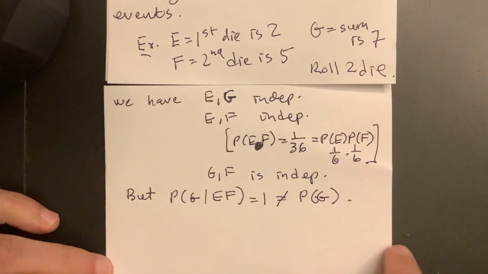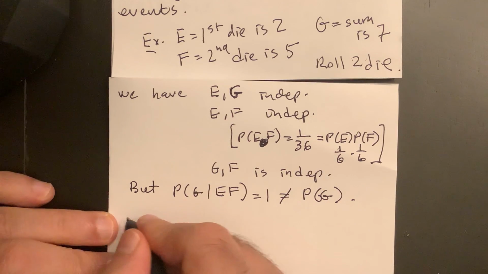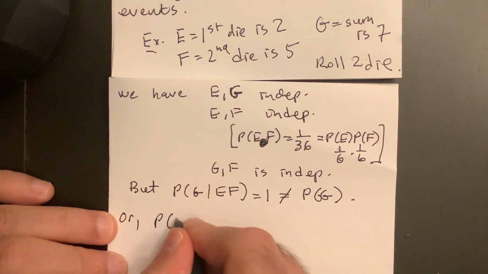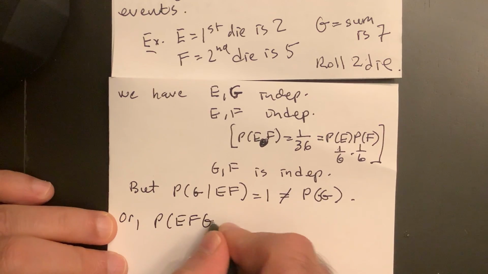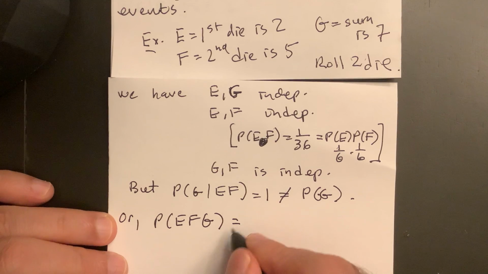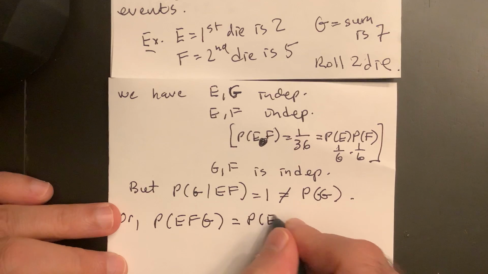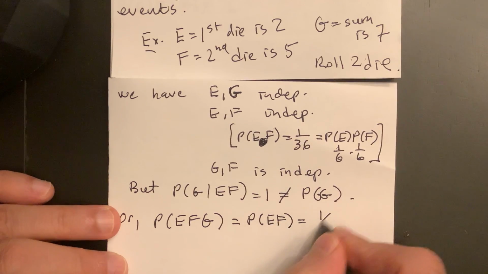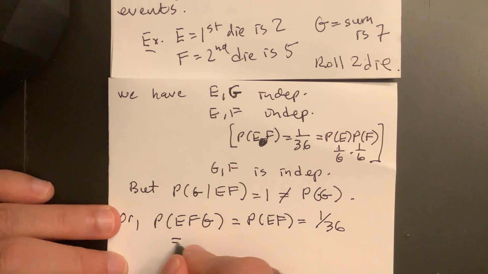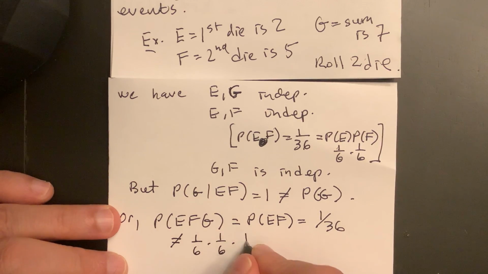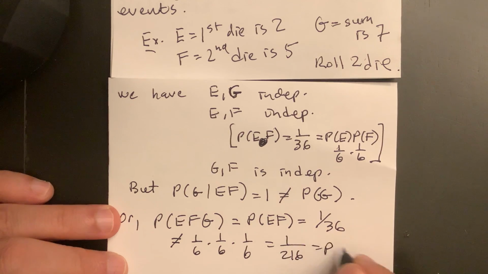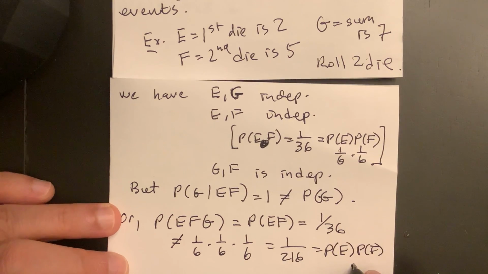So another way to write this is P(EFG) is just equal to P(EF), really, right? It's just because you get G automatically. This is equal to 1 over 36. This is not equal to 1/6 times 1/6 times 1/6, which is equal to P(E)P(F)P(G).